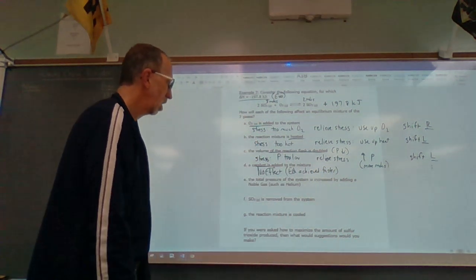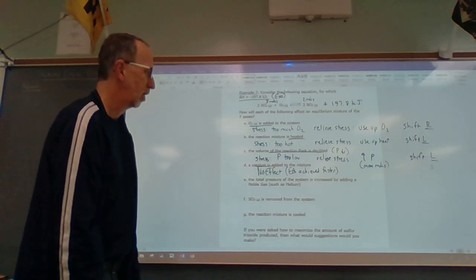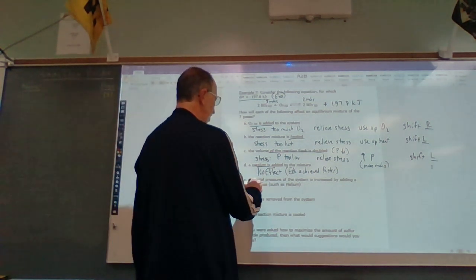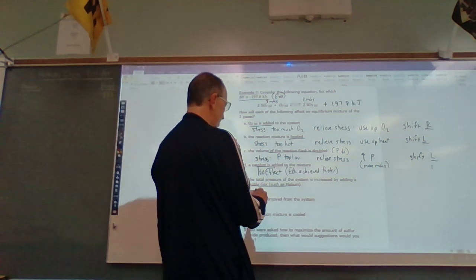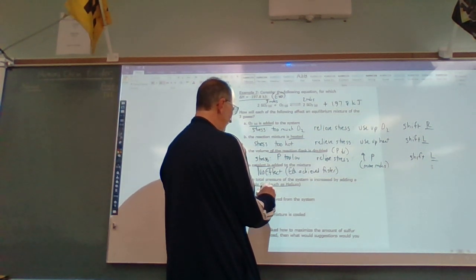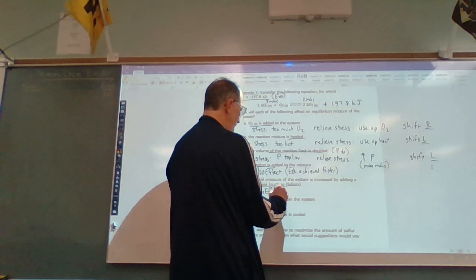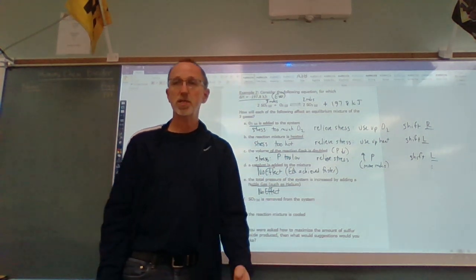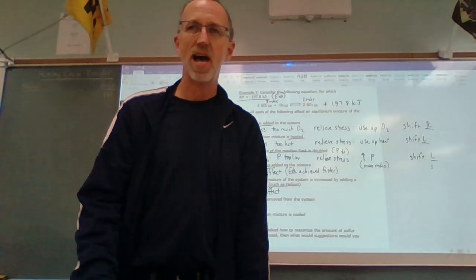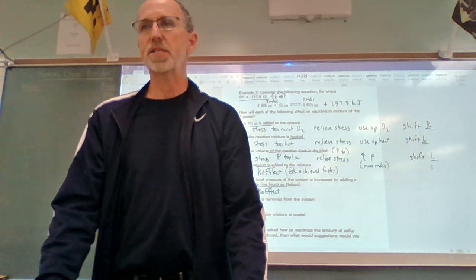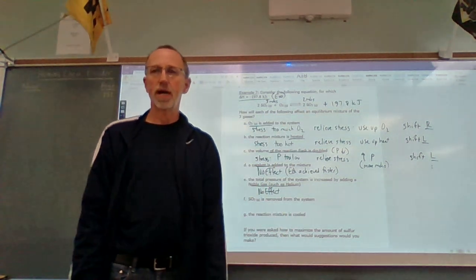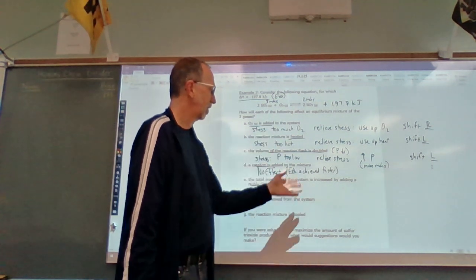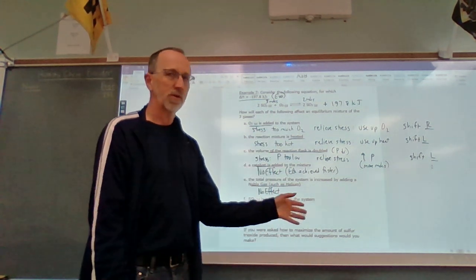Okay. Next one. The total pressure of the system is increased by adding a noble gas such as helium. All right. We just talked about this too. Adding a noble gas to a mixture of gases, although it increases the total pressure in the flask, does not increase or decrease the pressures of these 3 substances here. Because none of these 3 will react with the helium or whatever noble gas it is.